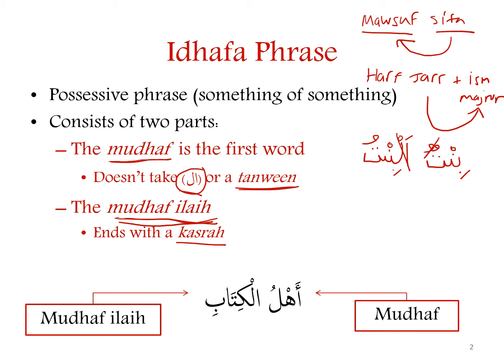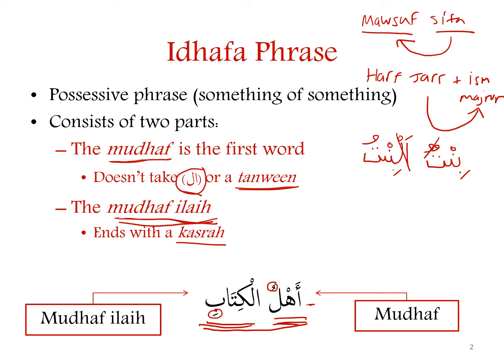So here's an example here, ahlul kitabi. Ahlu is the mudaf, al-kitabi is the mudaf ilayh. And if you notice, the mudaf has no alif lam and no tanween, which is something you wouldn't normally see, ahlu like this. And the second word, the mudaf ilayh, ends with a kasra.